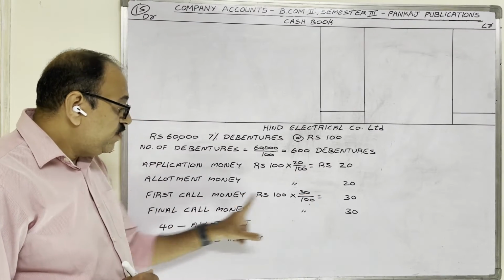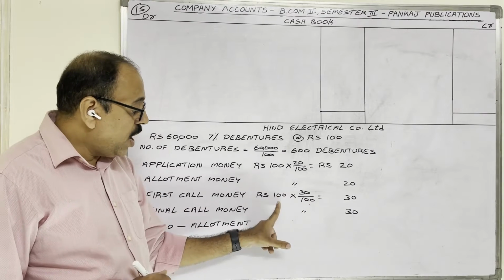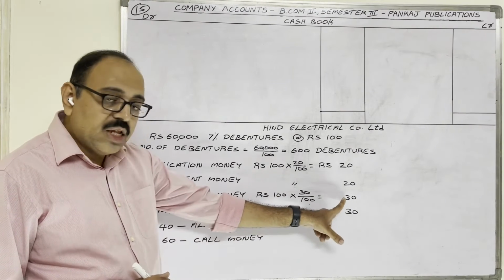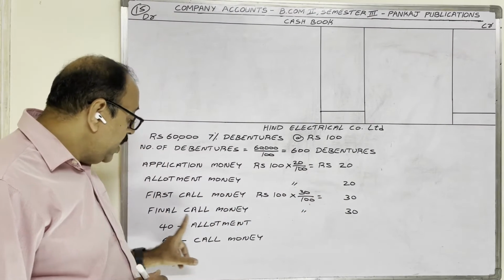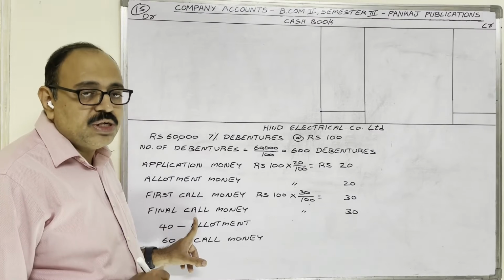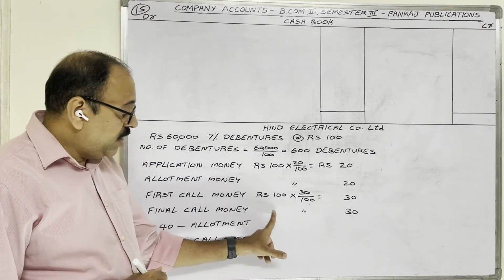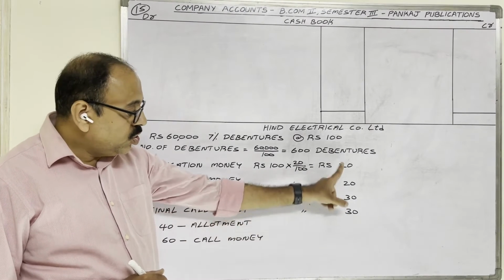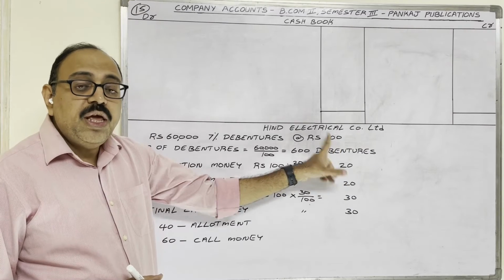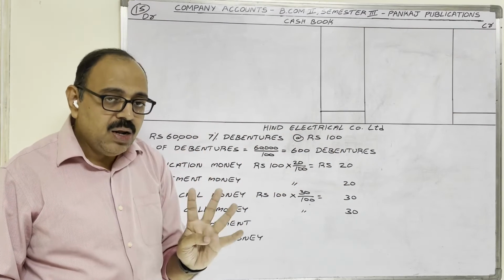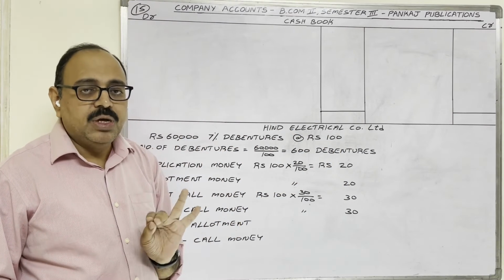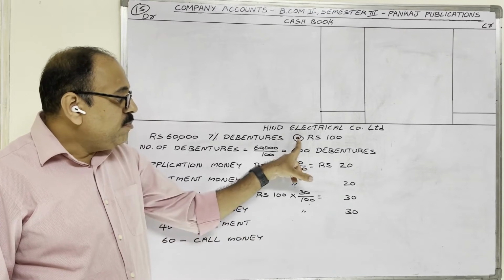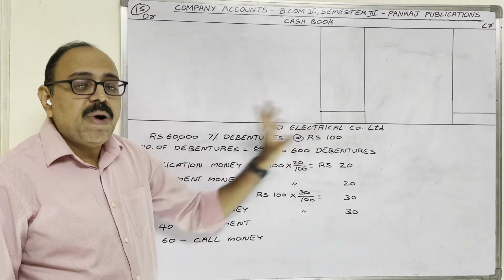First call amount, 30%. On 100 rupees, 30% is 30 rupees. And the final call amount is 30% of face value, same, 30 rupees. So total 100 rupees. The company can issue debentures at par, discount or at premium. In the present problem, the company is issuing the debentures at par value.